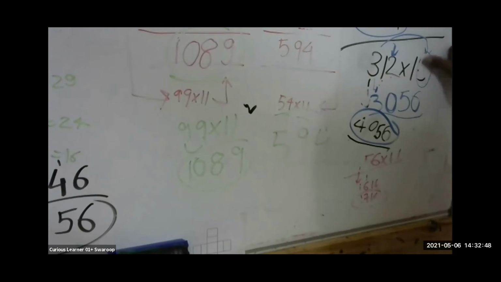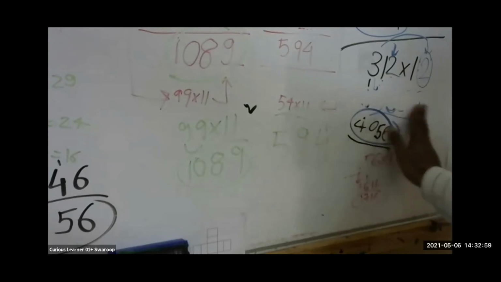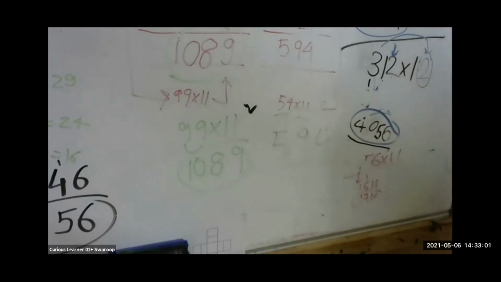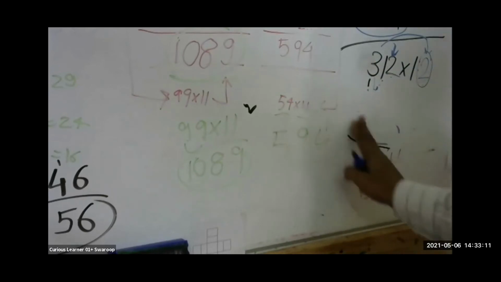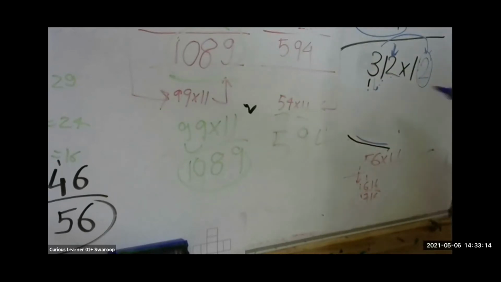Can we do the same thing with 12 now? Instead of 13, can we do it with 12? See, when we do it with 12, how we will do it? First thing, bring 3 as it is. Right?